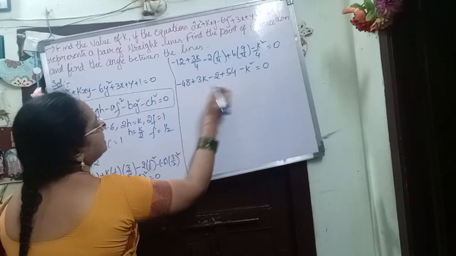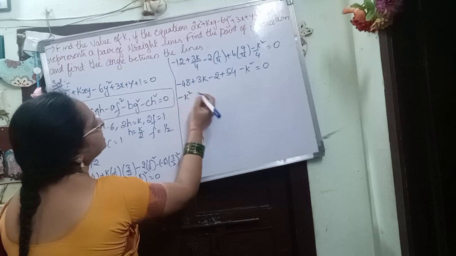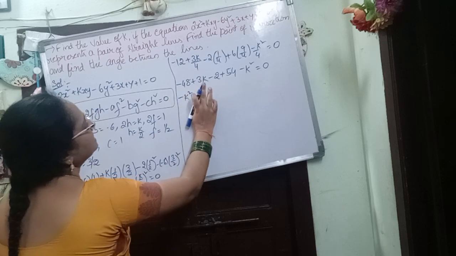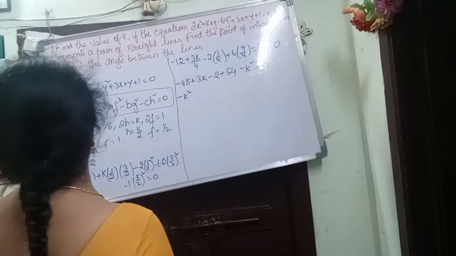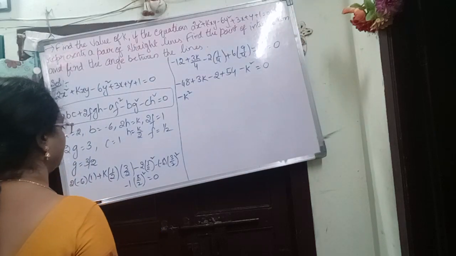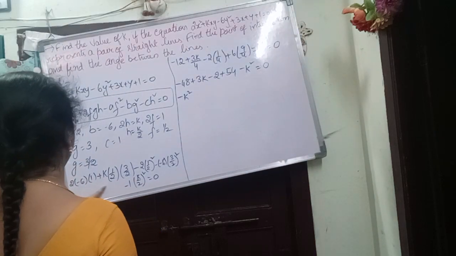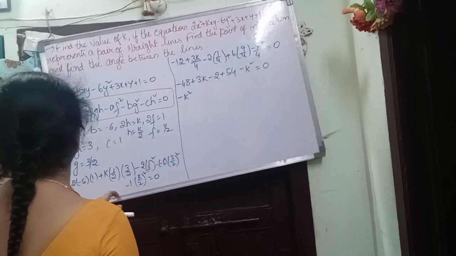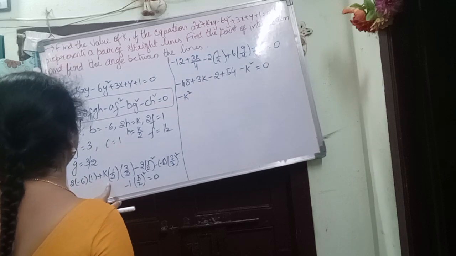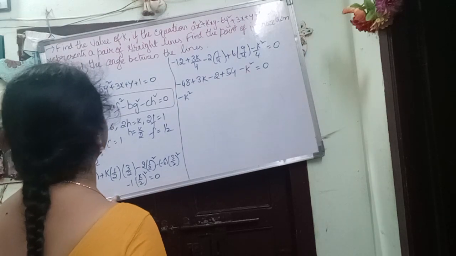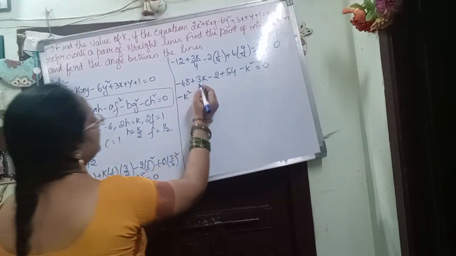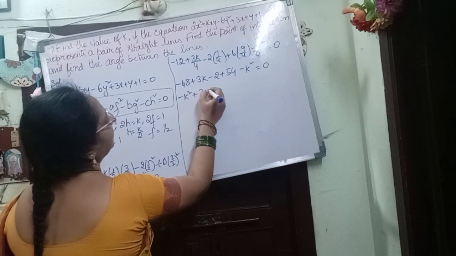So now write k square in the first term, minus k square plus 3k.